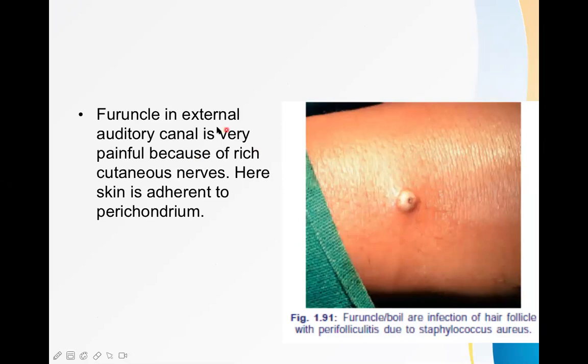Now, if a furuncle occurs in the external auditory canal, it is very, very painful. This is one of the common sites because the skin is tightly adherent. The skin in the external auditory canal is tightly attached to the perichondrium. Now, what is perichondrium? Yes, anybody?